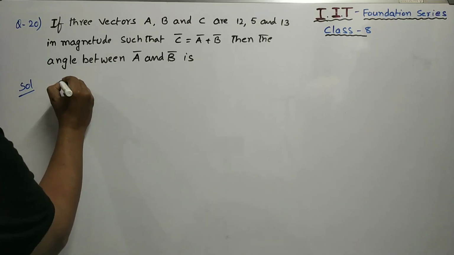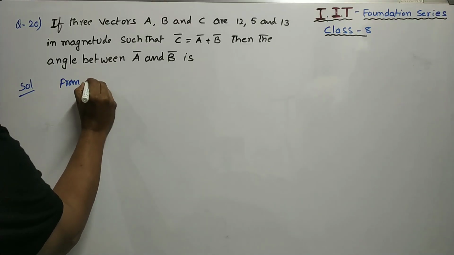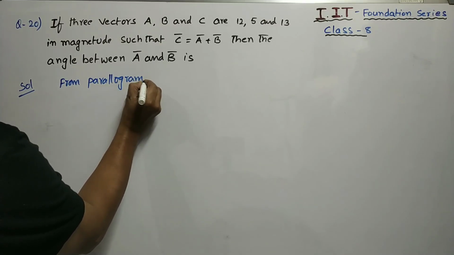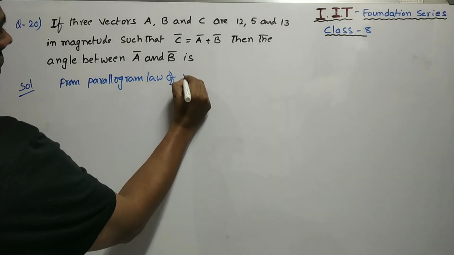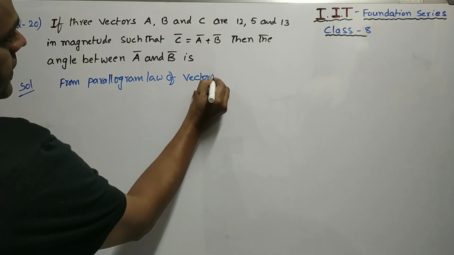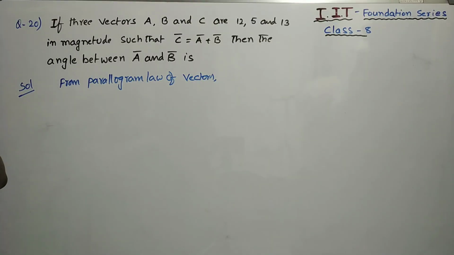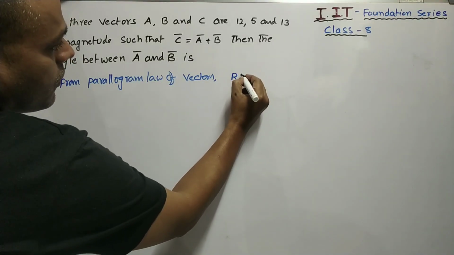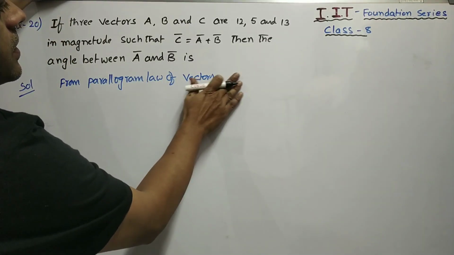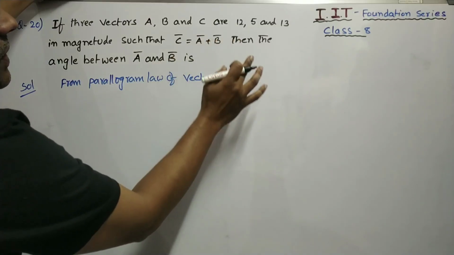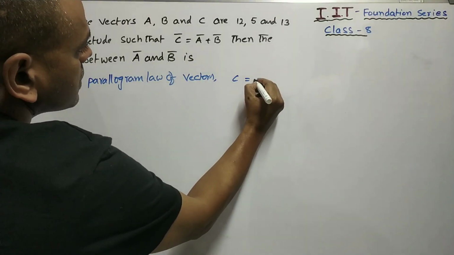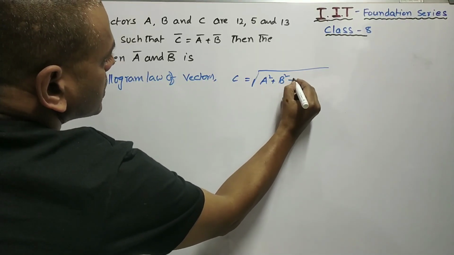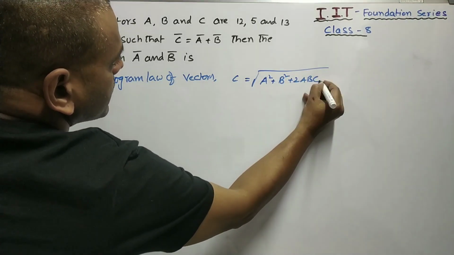You know, from the parallelogram law of vectors, you want to know the magnitude of the vector C. Here C is a resultant of A vector and B vector, so C is equal to root over a square plus b square plus 2ab cos theta.